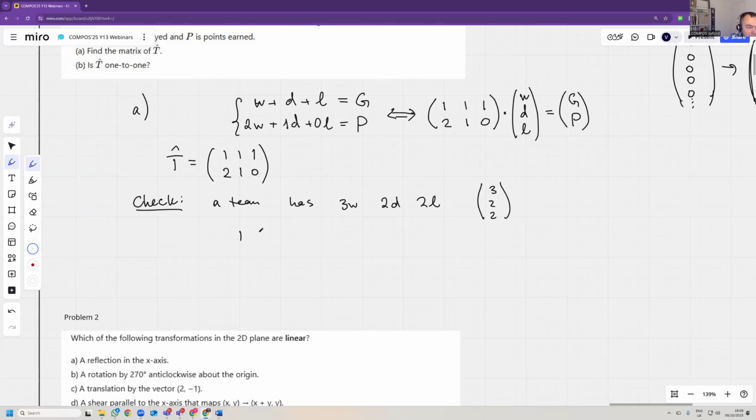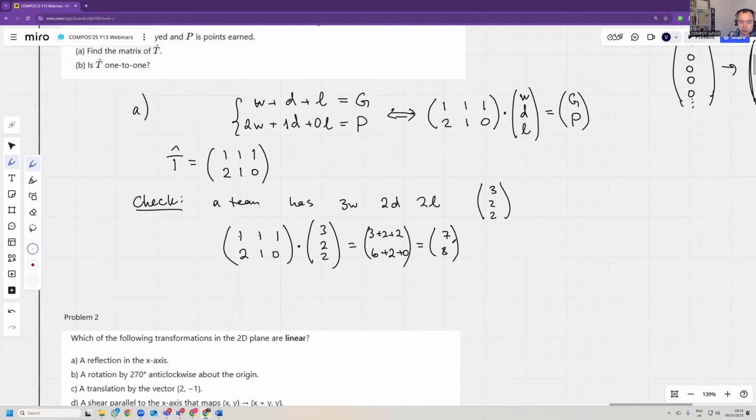So we take the matrix 1, 1, 1, 2, 1, 0 and multiply it by 3, 2, 2. That becomes 1 times 3, 1 times 2, and 1 times 2, so 3 plus 2 plus 2. And on the bottom, we have 2 times 3, so 6 plus 2 plus 0. And that is 7 and 8.